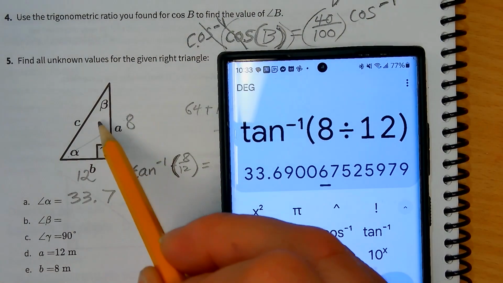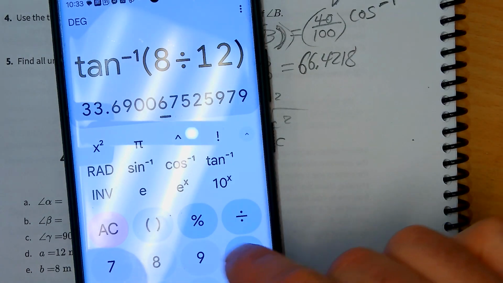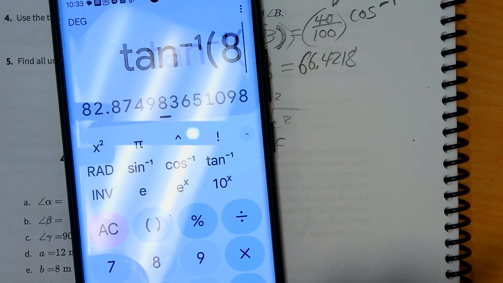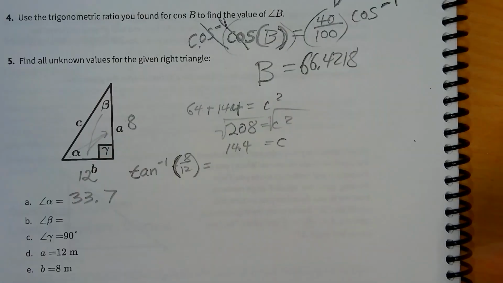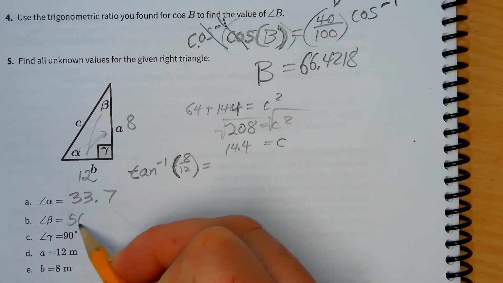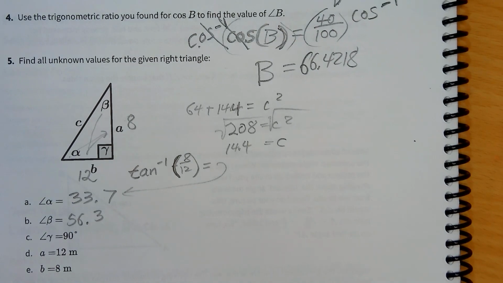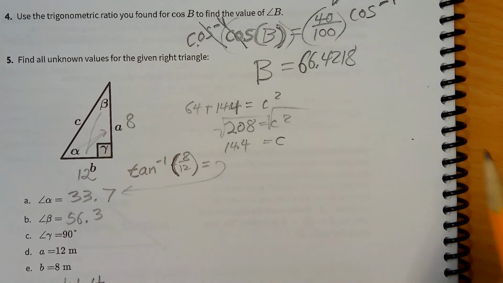Now if we do it from B's perspective, inverse tan of 12/8 gives 56.3. Problem solved.